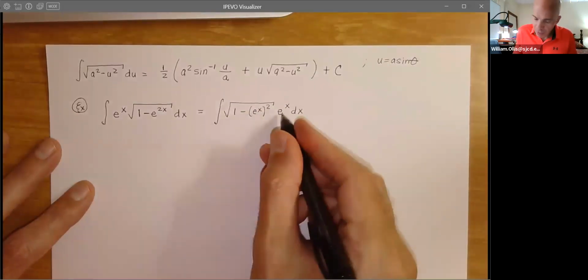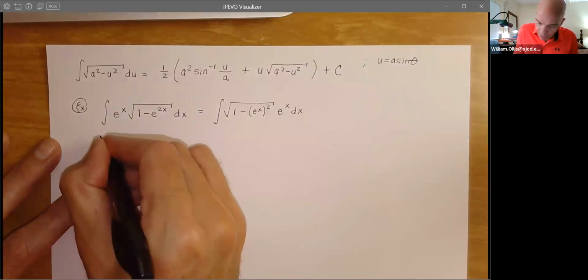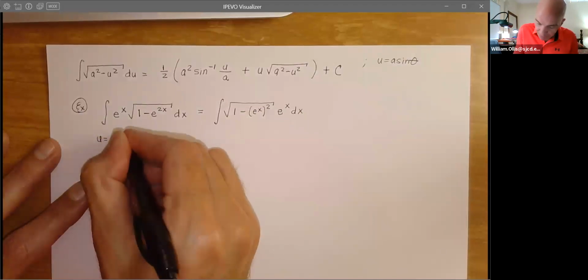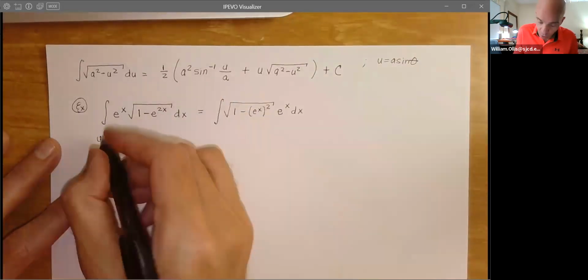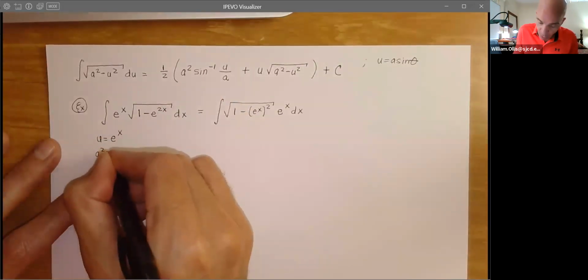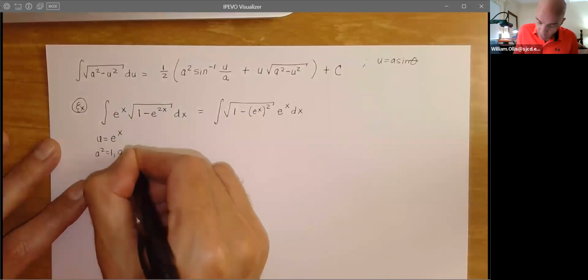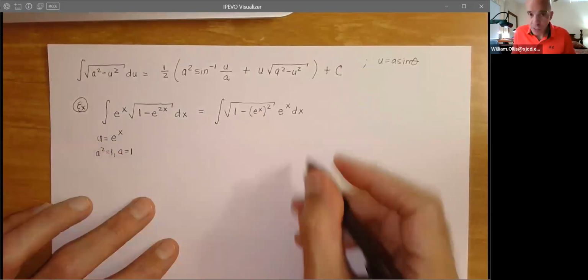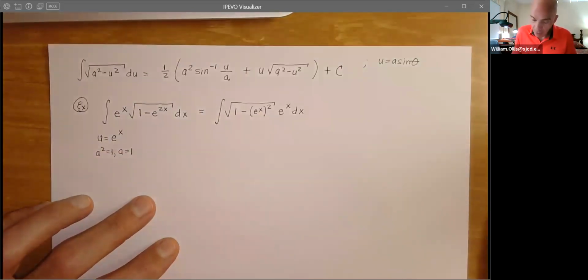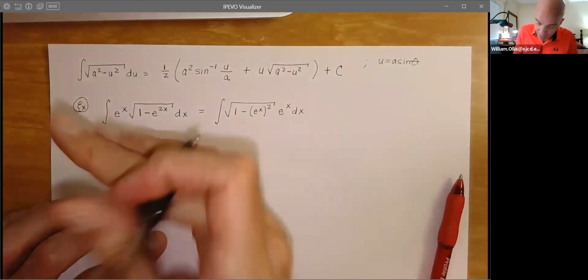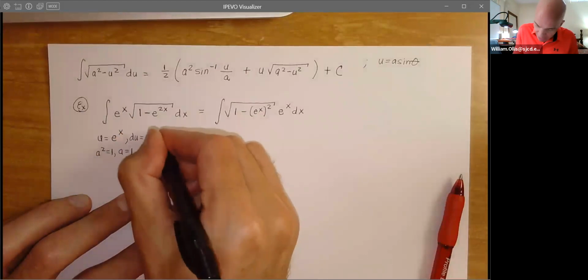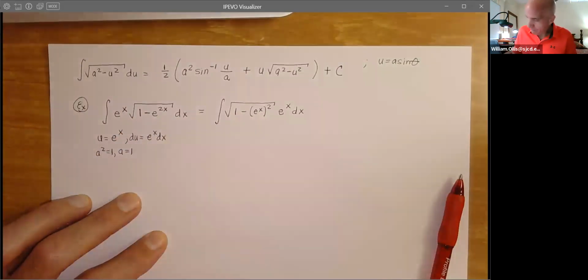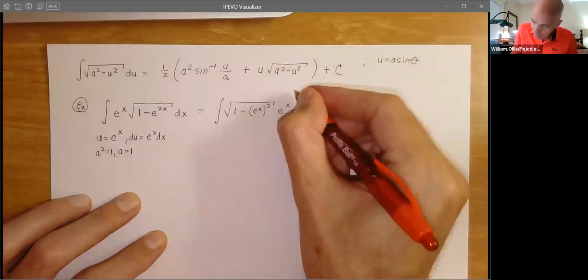Now when we look at this, we see that u equals e to the x. And in this case, a squared equals 1, a equals 1. And this is table ready, because now, of course, du is e to the x dx. So this is table ready.